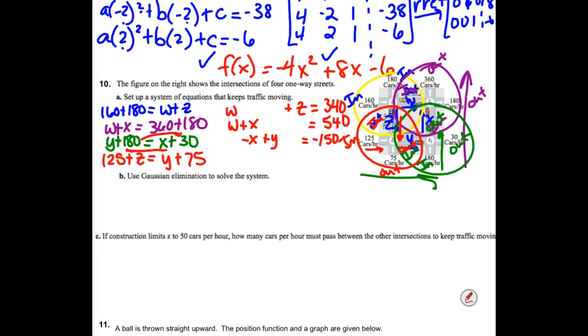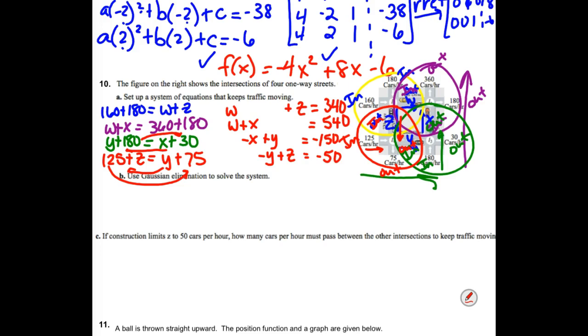Last equation, I'm going to bring the Y over to this side and the 125 over to that side. So the Y is now going to be negative. I still have a positive Z on the left. What's 75 minus 125? Okay. All right, so we have our system of equations.